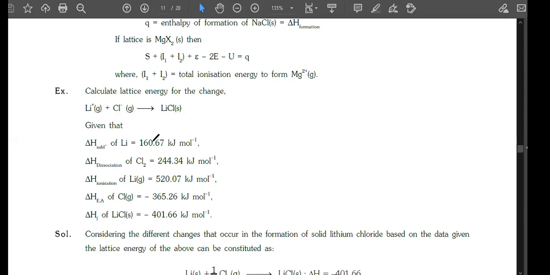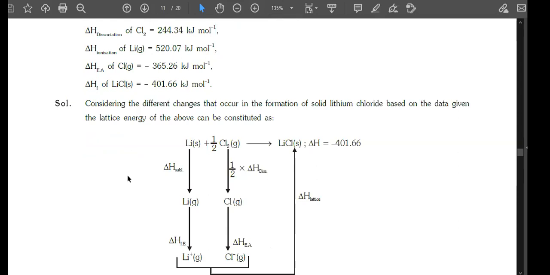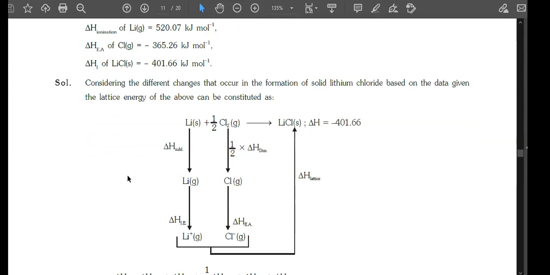Because the overall reaction is given. Just go through this. Can you calculate the lattice energy? It is just a linear equation in one variable. Total energy is also given.